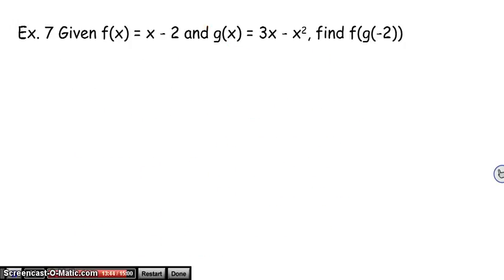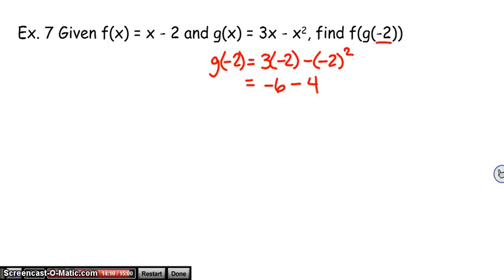Okay, same thing, new example. This time we're going to find f of g of negative 2. So step 1, take negative 2 for your x value, plug it into the g function. So 3 times negative 2 minus negative 2 squared, be careful with signs, is equal to negative 6 minus negative 2 times itself is positive 4.